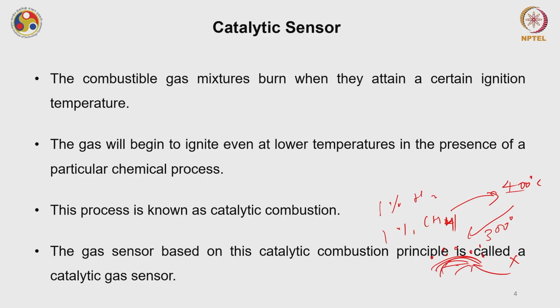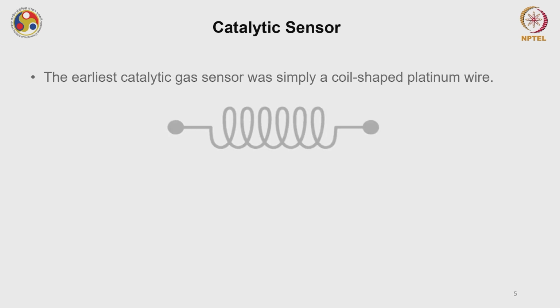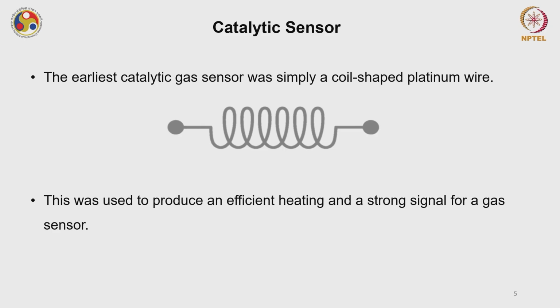So the gas sensors based on the catalytic combustion principle are called catalytic gas sensors. The oldest catalytic gas sensors were nothing but a coil-shaped platinum wire. What people started exploring is using simply a coil of platinum. They found that they were able to detect some gases. So this was used to produce efficient heating and a strong signal for a gas sensor.